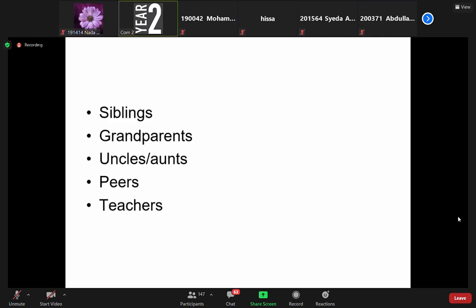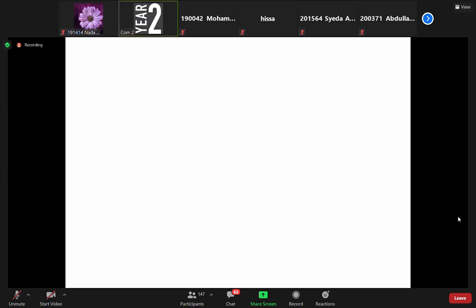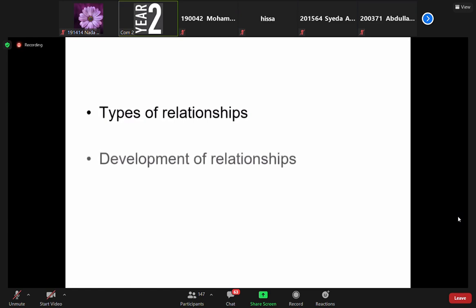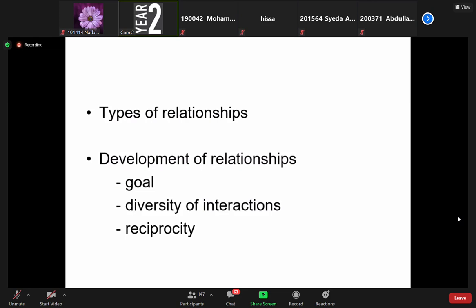So other people: siblings, grandparents, uncles, aunts, peers, teachers. We look at types of relationships and how to develop relationships. In relationships with kids, you'll have children that come and say that I don't have friends, or you worry that your child is always being taken advantage of within a friendship circle. So we teach our kids that relationships have to be reciprocal. You cannot always be the one that gives while they always take.